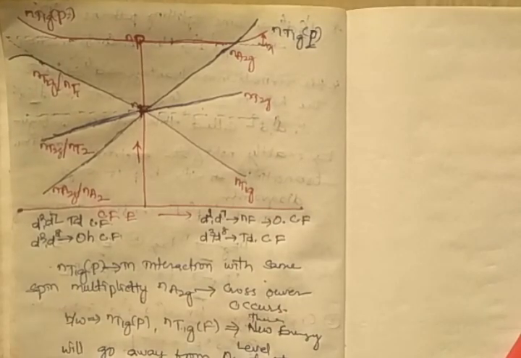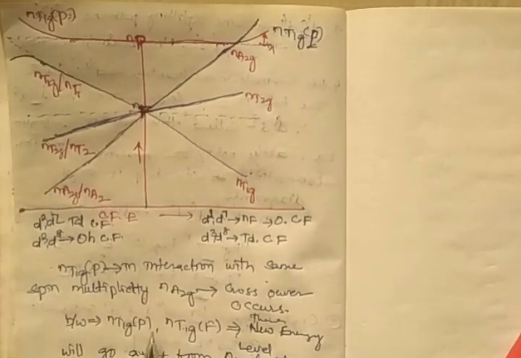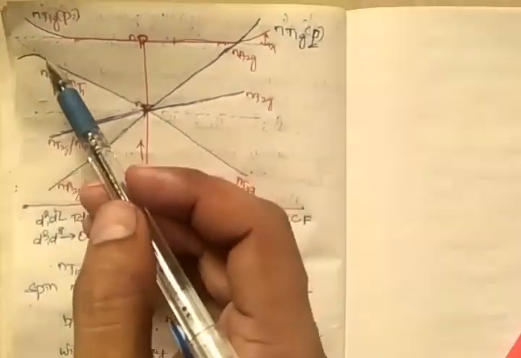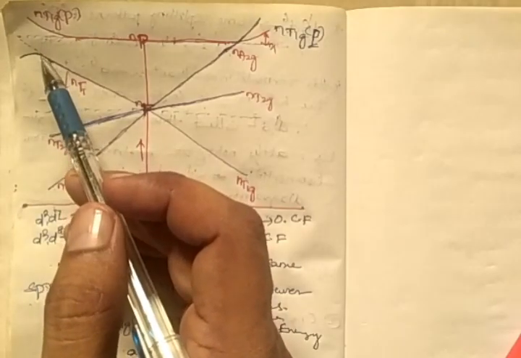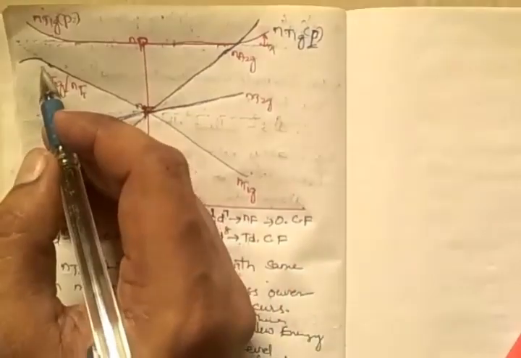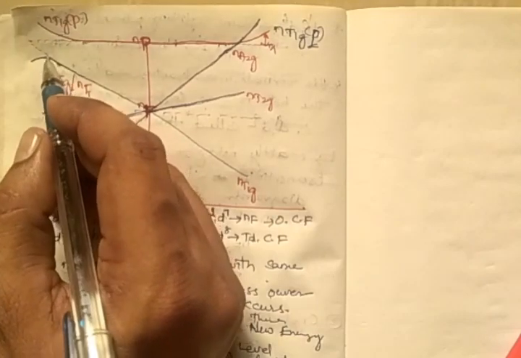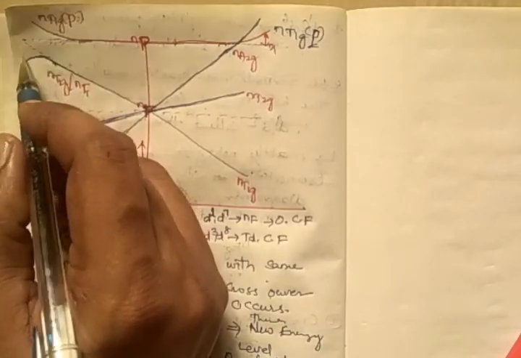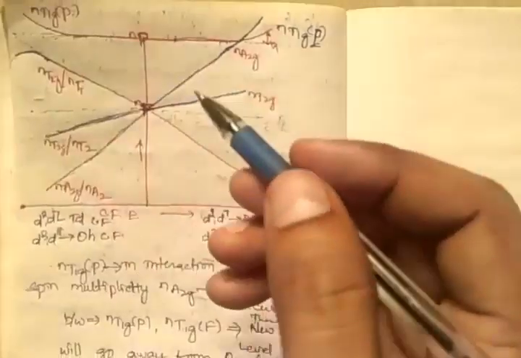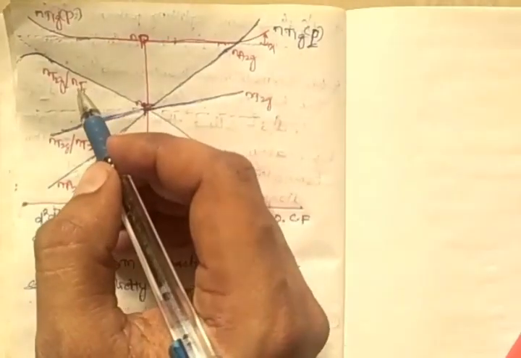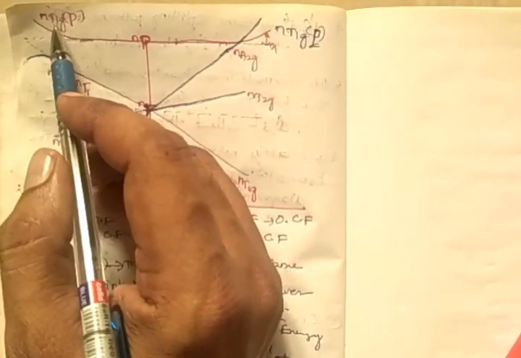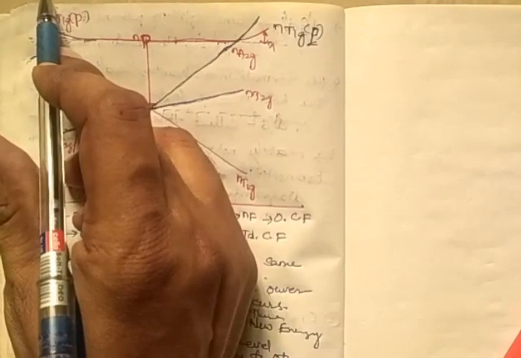This is called mixing. Where terms of the same spin multiplicity and same orbital multiplicity interact, they repel, and they will go away from one to other. The straight lines of those energy states will get curved, and the curve will be towards the lower energy for the T1G state of F, and the T1G state of P will go to a higher energy level.